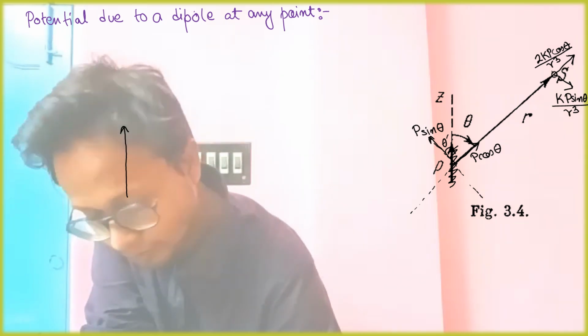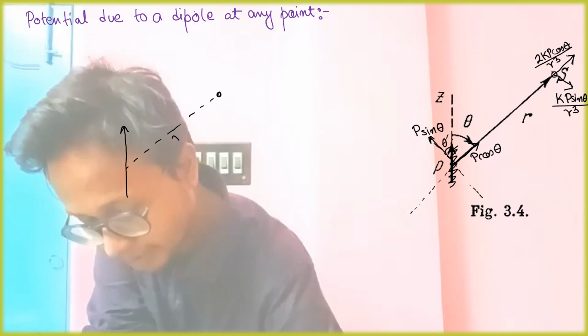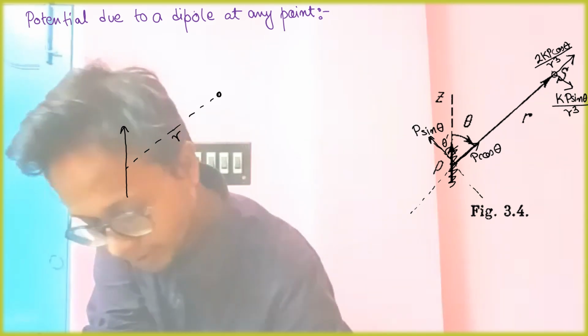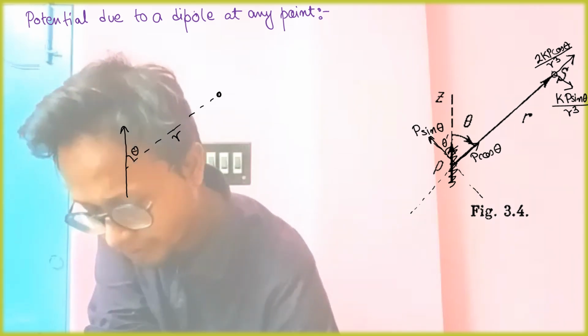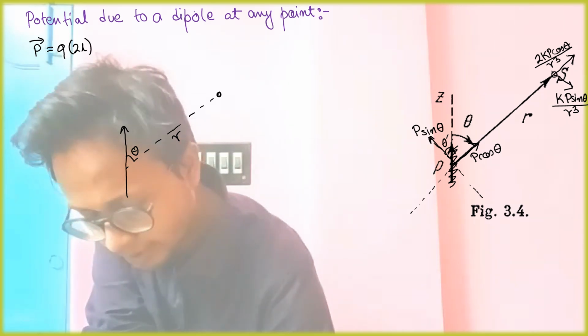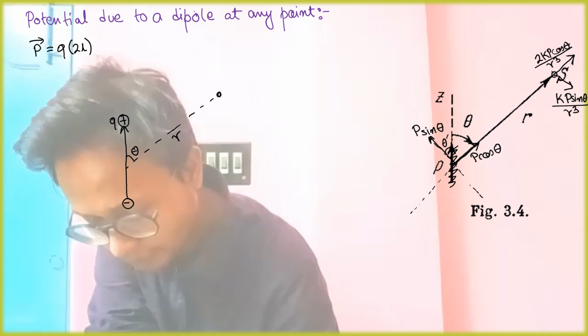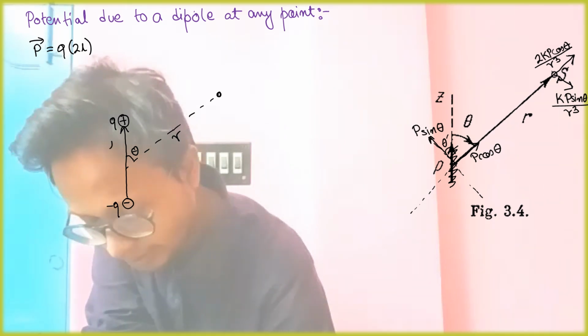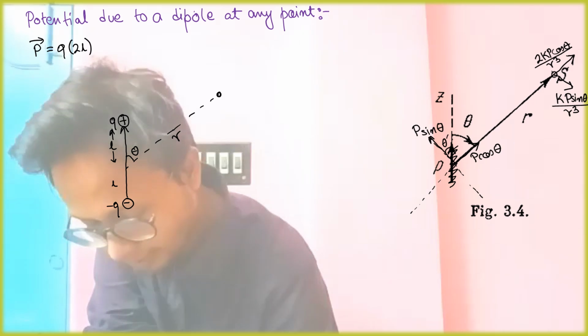This is a dipole, and you have to find the potential at a point at distance r, making an angle theta with the dipole. What is a dipole? A dipole is nothing but charge into the distance between them. So let's say here is positive charge q, here is negative charge q, and the distance between them is 2l, l and l.